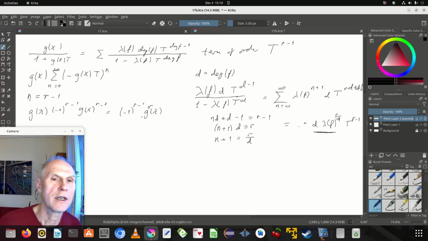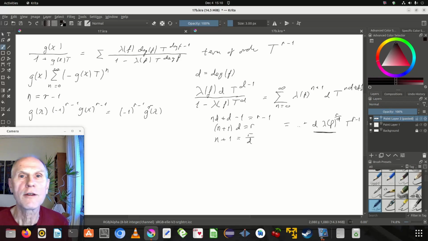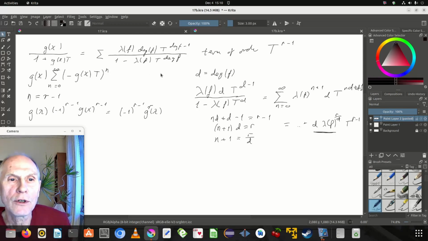So that's it. And this is really 20th century mathematics, handling these infinite series, which in turn gives an infinity of formulas, all derived with one fell swoop.